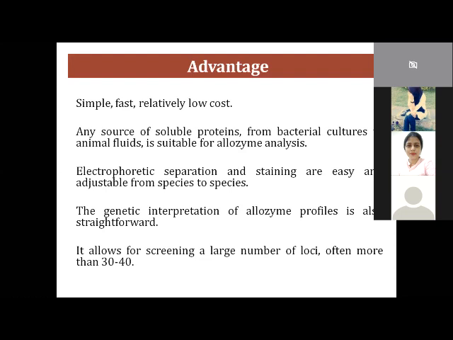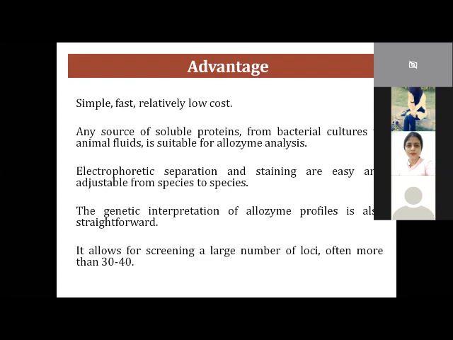If the band corresponds to form 1, then this individual has only form 1. If the band corresponding to form 2 is present, then this individual has form 2. And if an individual has both form 1 and form 2, then this individual has both forms. So the interpretation of the result is very straightforward.